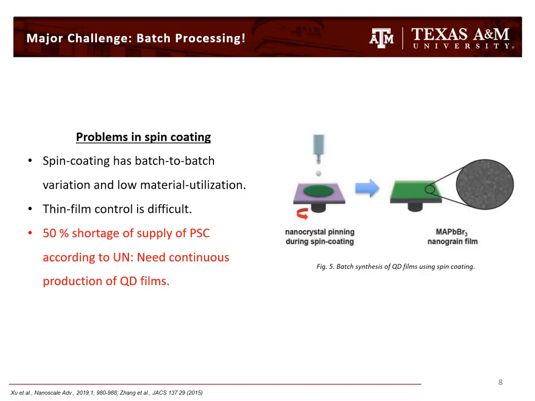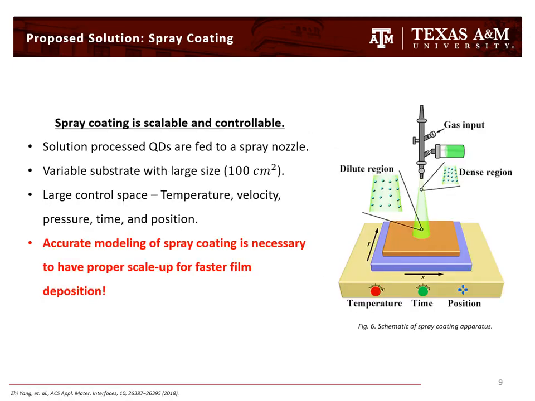And that's why we need a better alternative, which is more continuous and which can be at a higher production level. One way to do it is using spray coating. In spray coating, you have a nozzle which has your quantum dot solution, and it sprays the quantum dot solution on a substrate of a certain size. So you can control the size of the substrate.